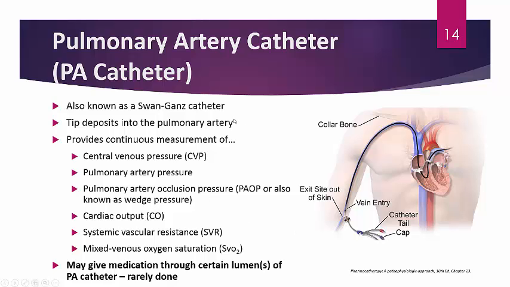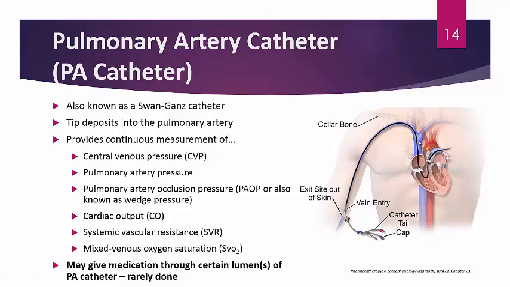Now, with the pulmonary artery catheter, you may give medications through certain lumens of this PA catheter, because it can be used to deliver medications. At this point your blood circulation is very diluted and it's only up a little bit further from your central venous catheter where it would normally be placed.